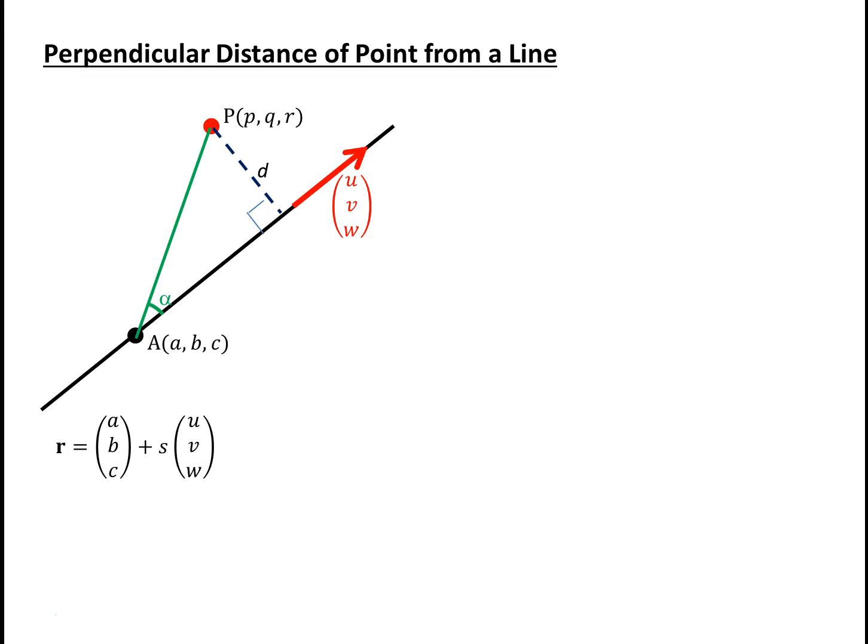And if we can calculate the angle alpha lying between AP and the line, in other words, alpha is the acute angle between AP and the direction vector UVW, then we've got D is equal to AP sine alpha.